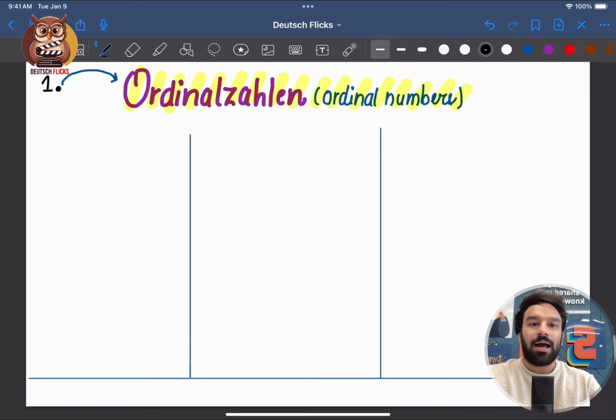Now, I will divide the ordinal numbers into two main categories. In the first category, we are gonna look at numbers till 19th, so I'll write here 1 till 19th, and then we're gonna look at numbers above 19, which start from 20 and go till infinite. And in the third column, we are gonna look at Ausnahmen, exceptions.